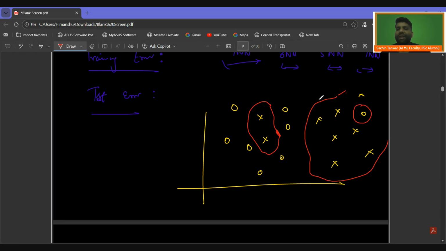Like I'm closing it up, but it would not be closed, because if I have a data point over here, I would like to check what the nearest neighbor is. Is it this or this? Based on that, I can decide.